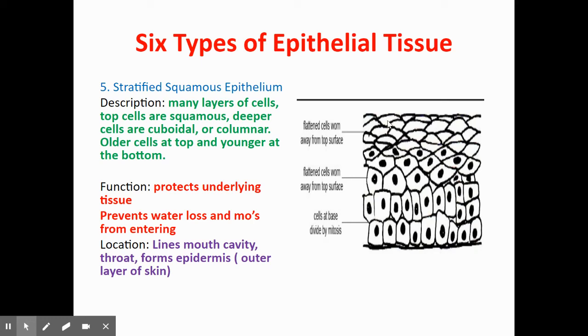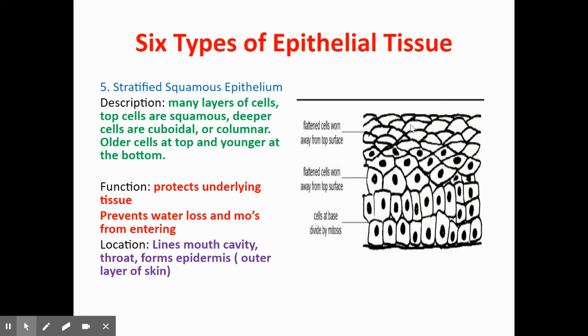Okay. So that's a characteristic of stratified squamous. It's multiple layers. A lot of times students get confused because it's cuboidal down here and then squamous at the top. You always want to look at the cells at the top because what's happening is these cells are dividing through mitosis, and as they move up to the top, they get more and more flat.